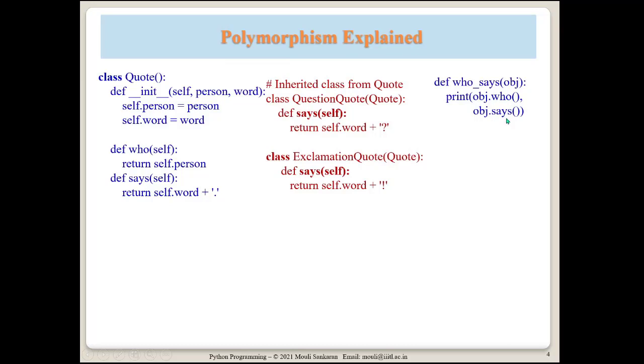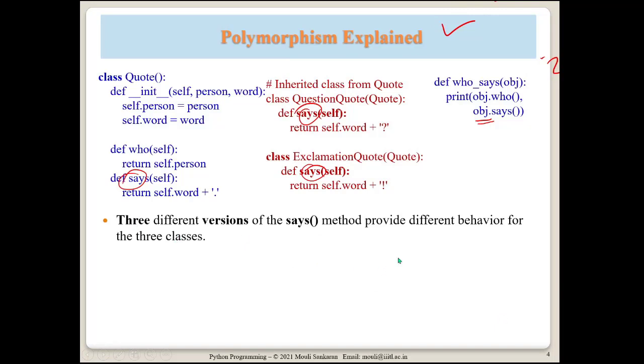The says function is going to be called with respect to the object. Based on the type of the object, we are going to pick up the says of any of these three implementations. That is what is called polymorphism: based on the type of the object, it is going to call the method.